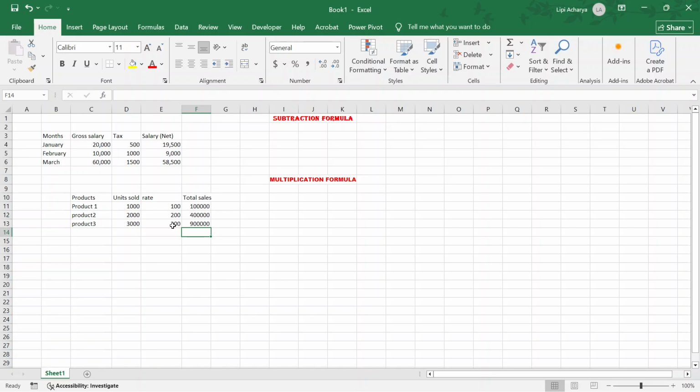Now what about division? Division is also a very easy thing. Division formula, what is this division formula?